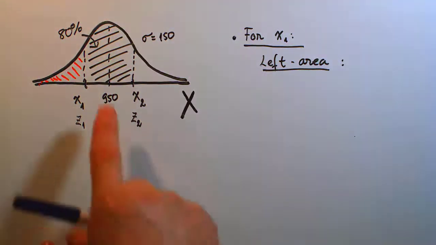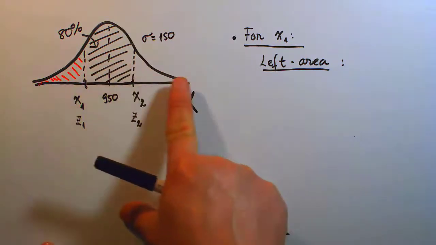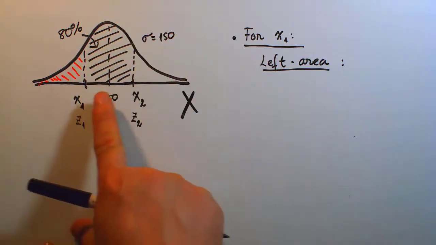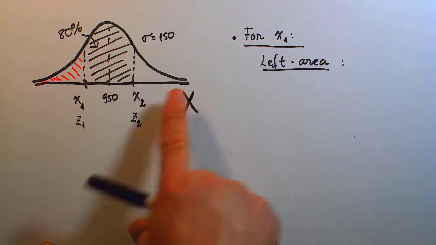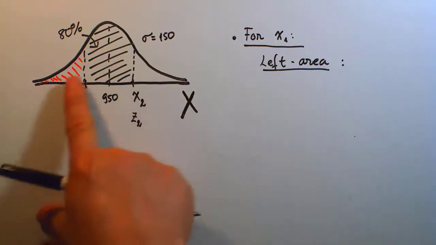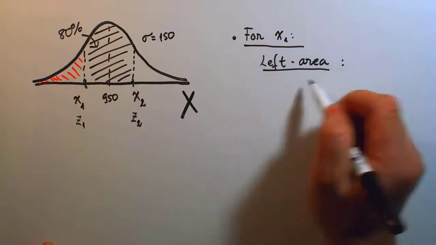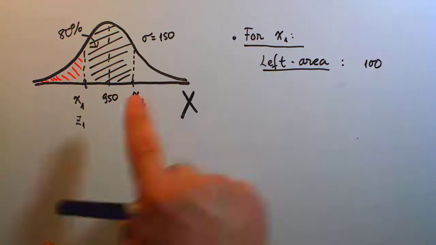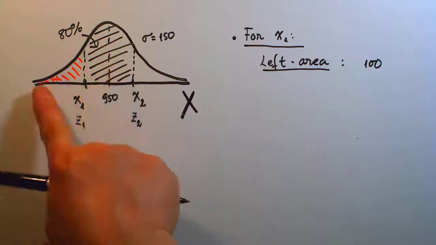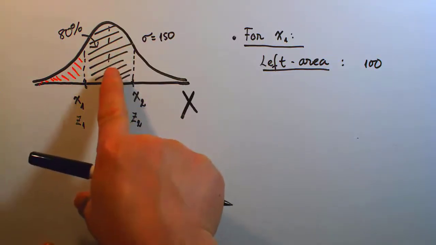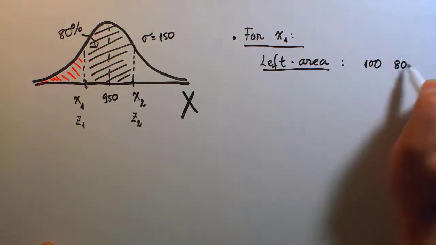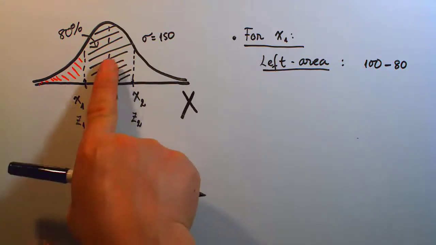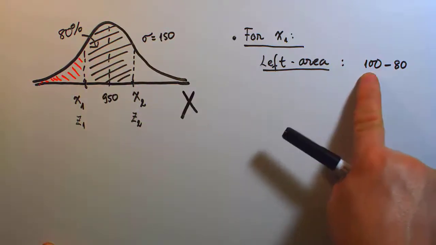And so think about this entire area again. I've had this explanation already back in my video lessons on the standard normal distribution, but here I can briefly explain it again. The entire bell curve is 100, but that left area is outside of the middle, and by the way, the black shaded middle here is 80%. So being outside of that 80%, I need to take 80 away from 100.